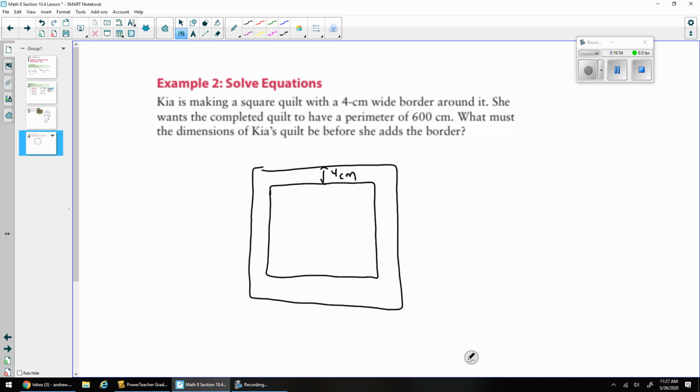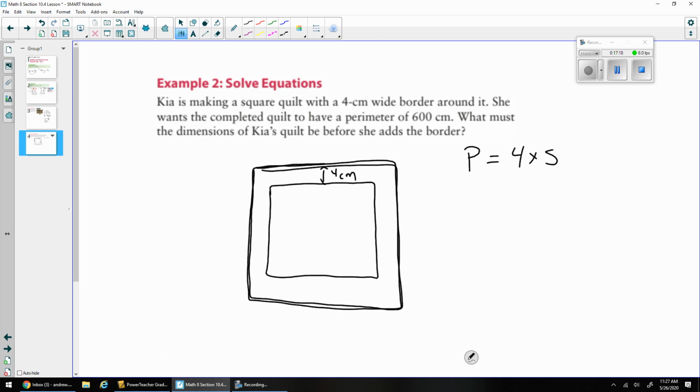Okay? She wants the completed quilt to have a perimeter of 600 centimeters. So the total perimeter has to be 600 centimeters. And since it's a square, the perimeter is equal to 4 times the side length.